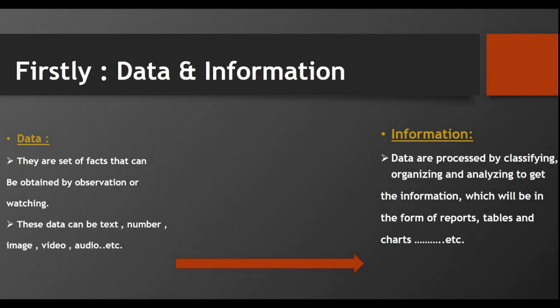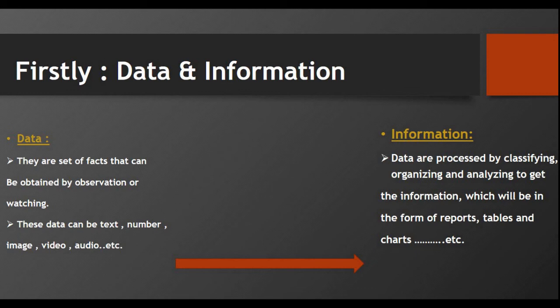Who can tell me what is the main difference between data and information? If you think a little, you can find that data are a set of facts that can be obtained by observation or watching. This data can be text, number, image, video, audio, and whatever.